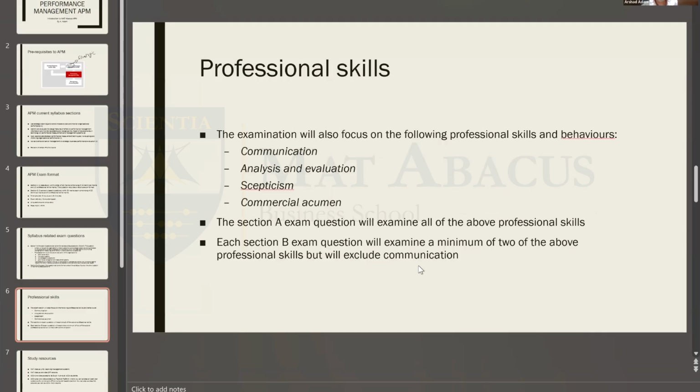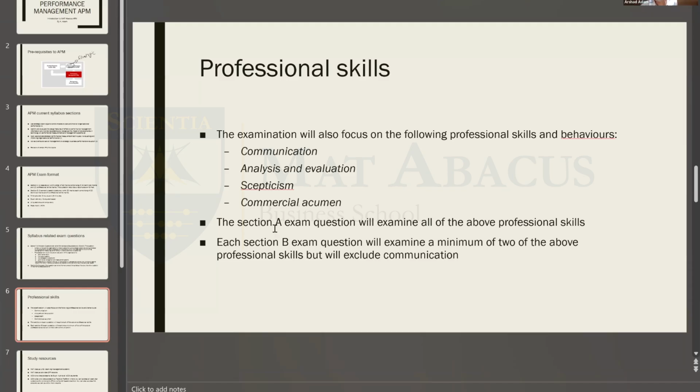Now, professional skills, you may have seen it on other papers, unless this is the first time you're doing a professional exam. We have 4 professional skills: communication, analysis and evaluation, skepticism, and commercial acumen. Over the whole exam, we have 20 marks: 10 for question 1, 5 for question 2, and 5 for question 3.